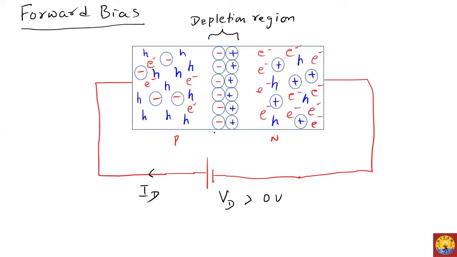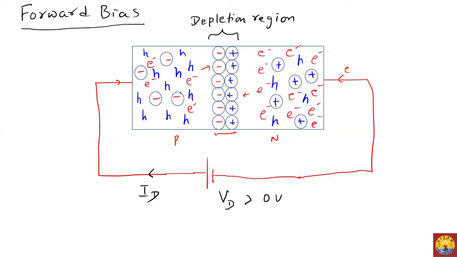My depletion region is reduced, because more electrons are entering, and once you apply above the barrier potential, there is a possibility of flow of majority carriers through the depletion region. Here holes can move from the p-type to n-type, and electrons move from n-type to p-type under this bias, where VD is greater than 0.